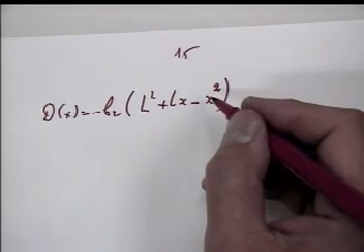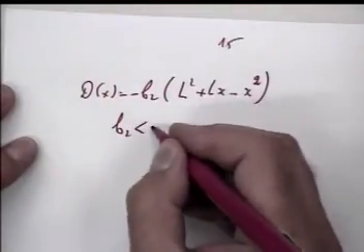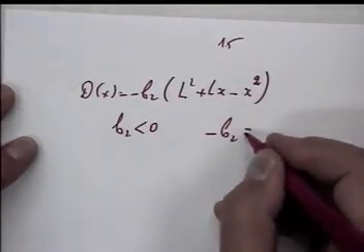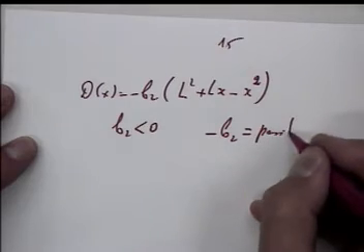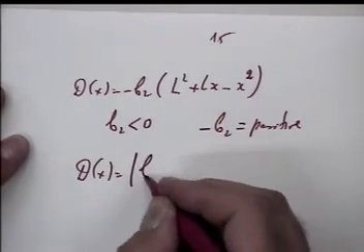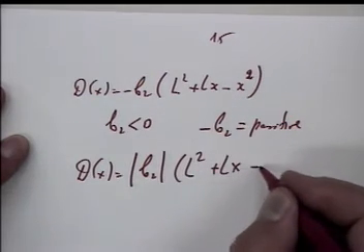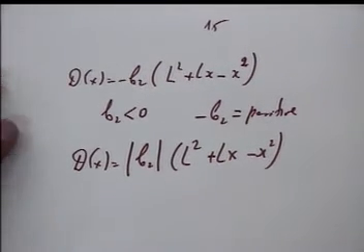So B2 is negative, but that means that minus B2 is a positive quantity. Therefore, we can write D of x equals absolute value of B2 times L square plus Lx minus x square, because if B2 is negative, the absolute value of B2 will be positive.